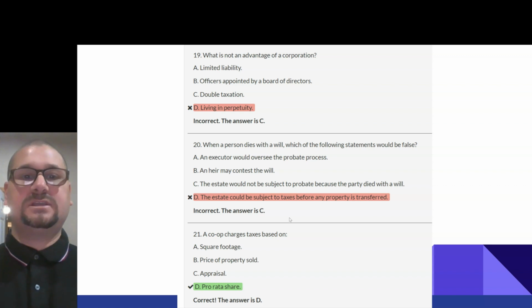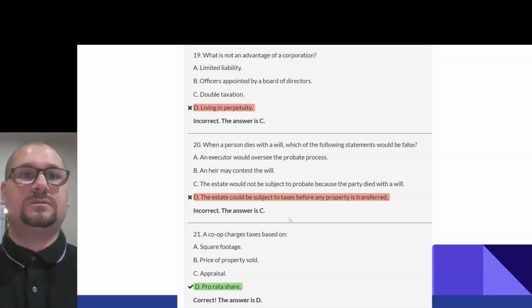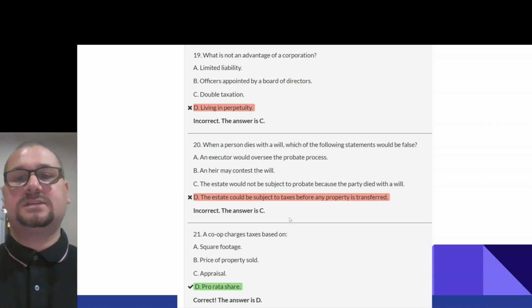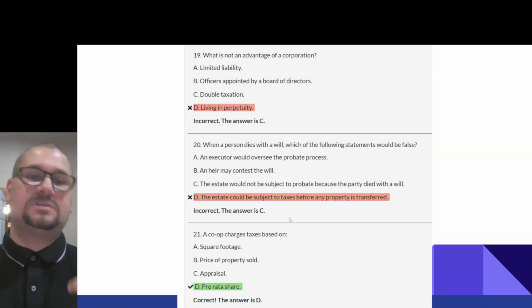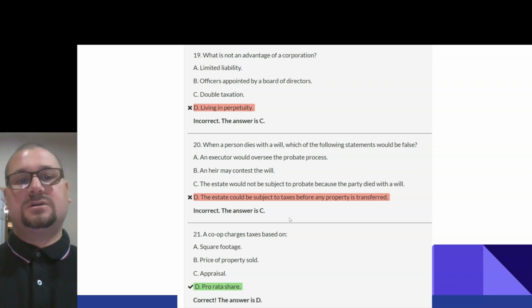This one will be C. The estate would not be subject to probate because the party died with a will. That's false, because the estate would be subject to probate. An executor would oversee the probate process.